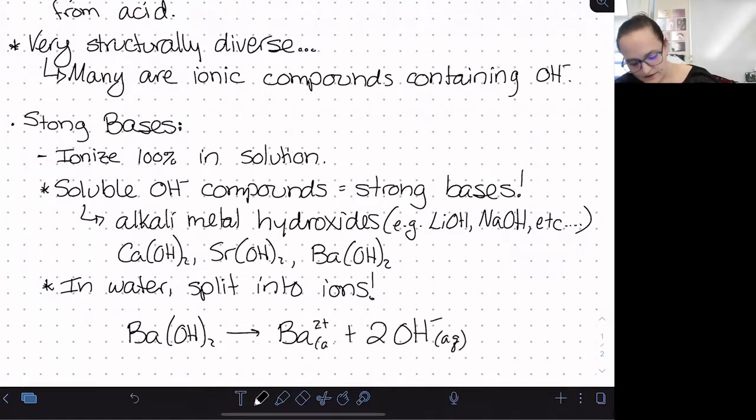So all of it that is able to dissolve, that is able to actually get into solution, exists in this separated ionized form, which is why we consider it to be a strong base.